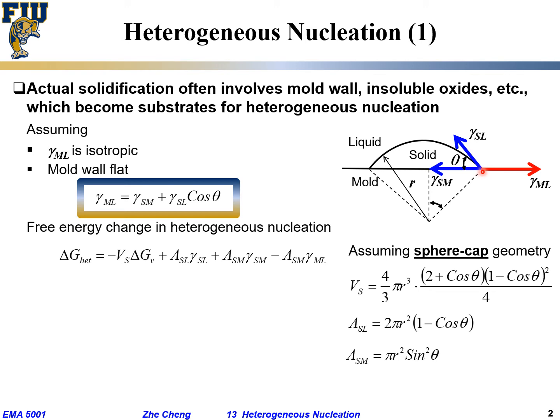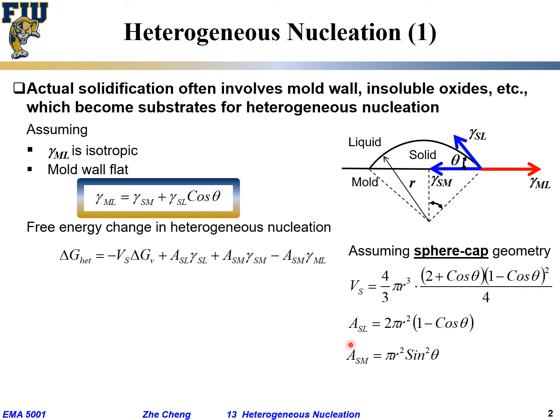Make sense? So pi (r sine theta) squared, that's the circle area from here to here. That's our A_SM, S for solid and M for mold.